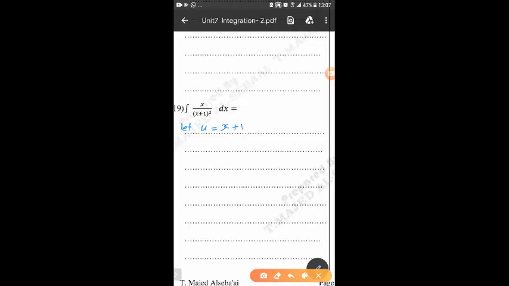That means x equals u minus 1. Then du equals dx. It is ready.